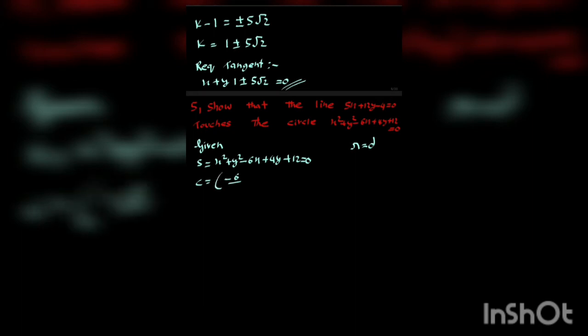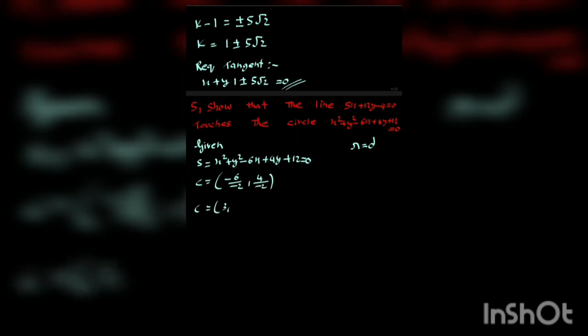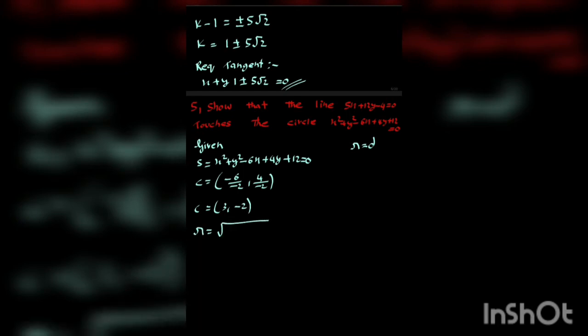Minus 6 by minus 2 comma 4 by minus 2. So C is 3 comma minus 2. And what is R? Root over g square plus f square minus c. So 9 plus 4 minus 12. So it is root 1. So root 1 means 1.